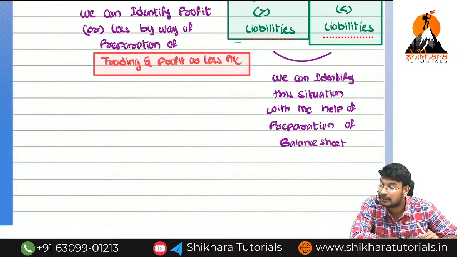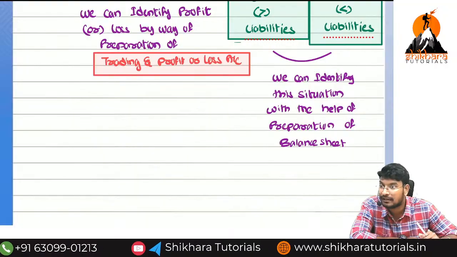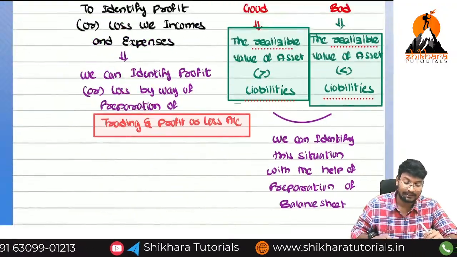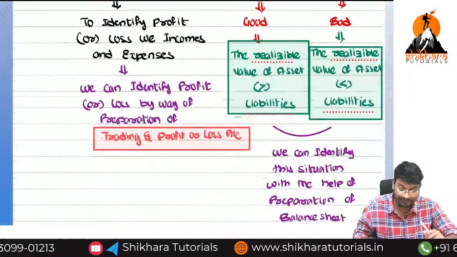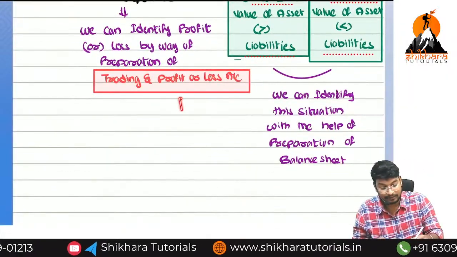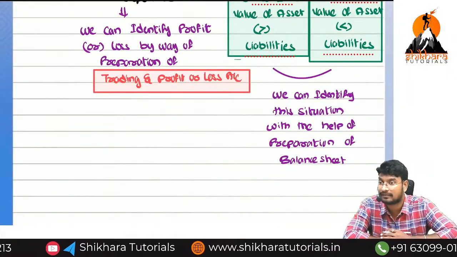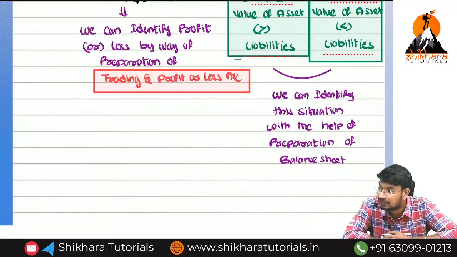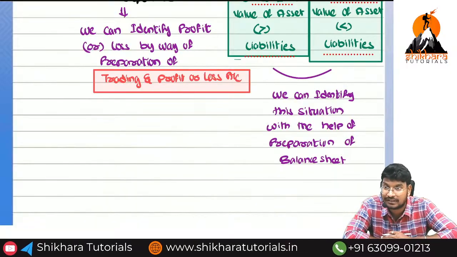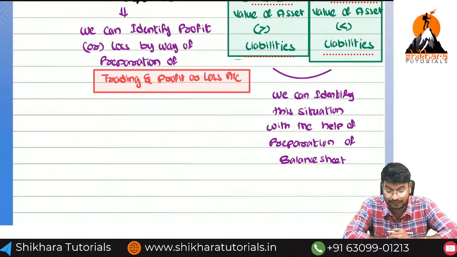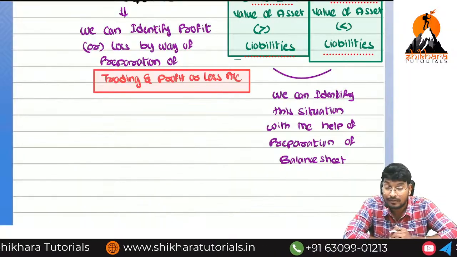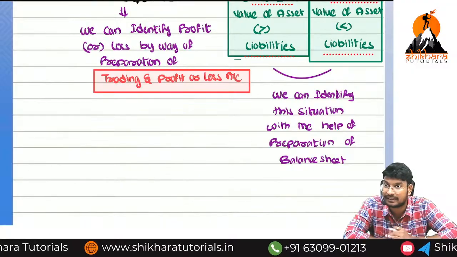We'll prepare the income and expenditure account and then the balance sheet. So these are the types of financial statements. For that reason, the trading and P&L account and balance sheet, we are going to call them financial statements.